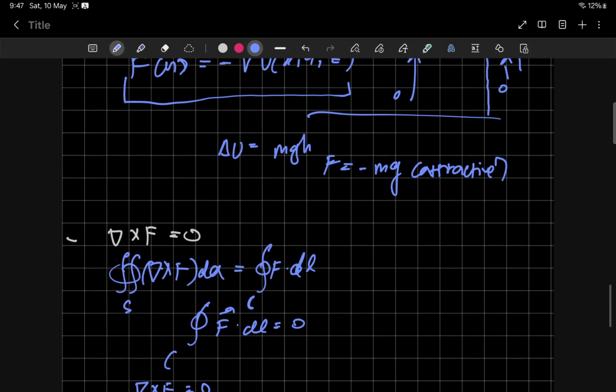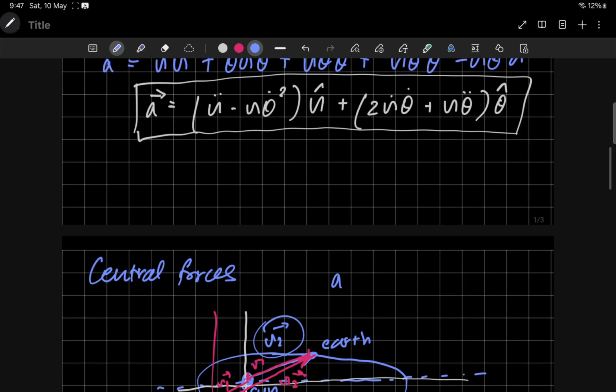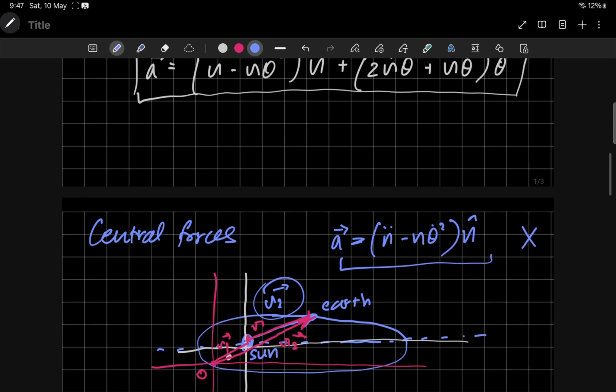And yes, before ending this video, I should have actually added this before. In your acceleration term, as a consequence of there being no torque and angular momentum being conserved, only your radial part exists, the transverse part goes away. So another consequence is that your planetary motion will only remain in a plane.